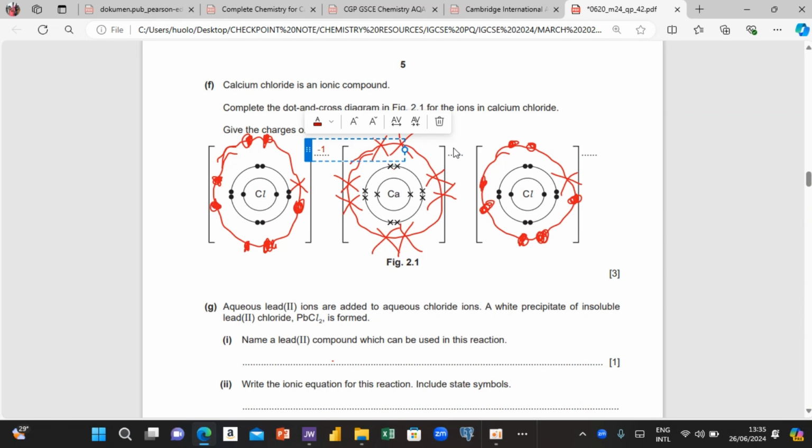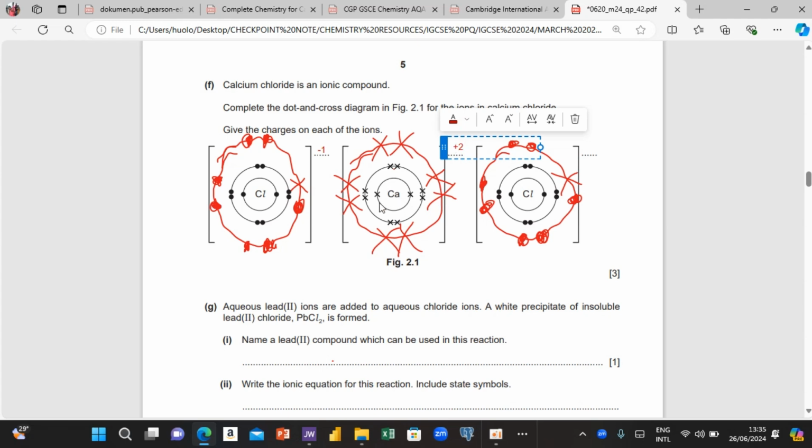So we do the same thing for calcium. It has lost 2 of its outer shell electrons, so it becomes +2. What that simply means is that it has 2 more protons than electrons.